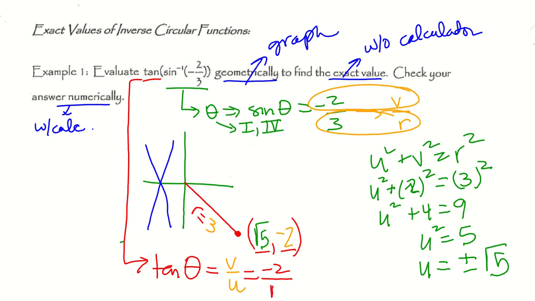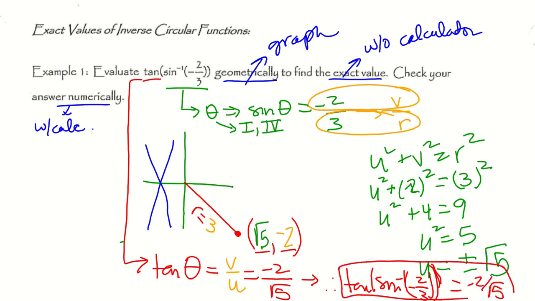We have our u is the square root of 5. So therefore, we know that the tangent of the inverse sine of -2/3 will equal -2 over the square root of 5, and that's our answer.